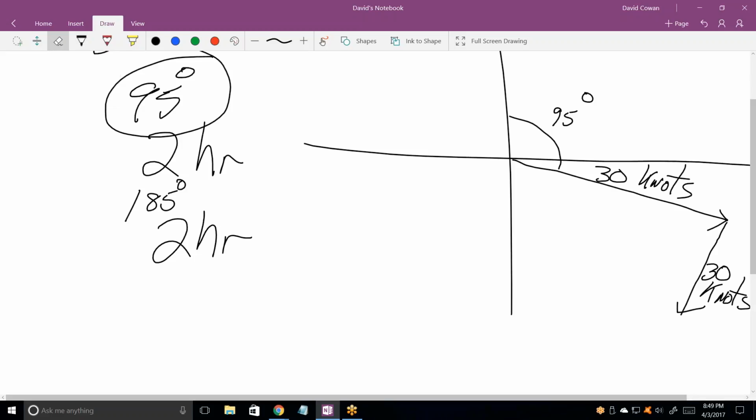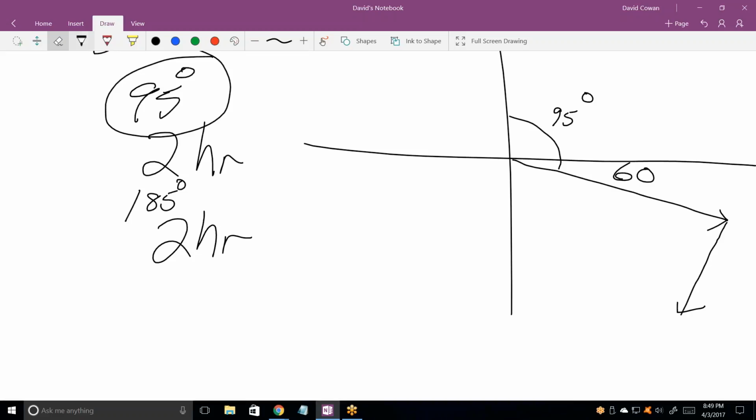All right. The side of that triangle is 60. And the side of the other triangle is also 60, because we're still going 30 knots for 2 hours. So now all you've got to do is solve that triangle to figure out what x is.